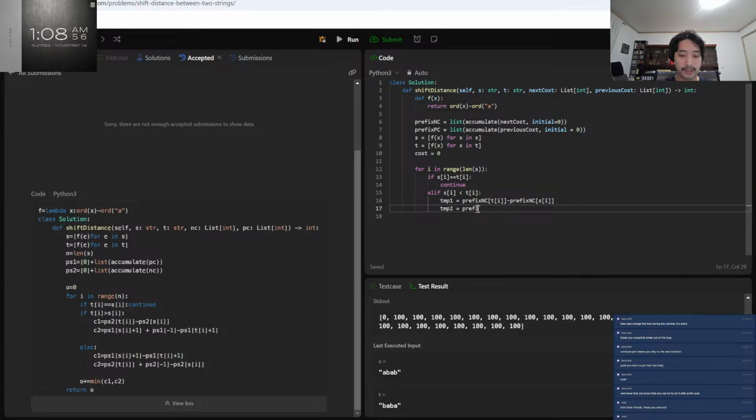Firstly, I know for a fact it's prefix of the of pc. And now this is different. I had to just think, how would I do it?